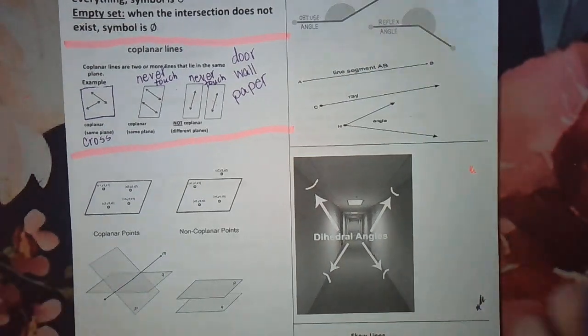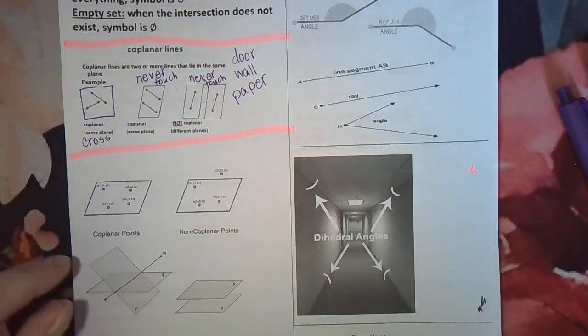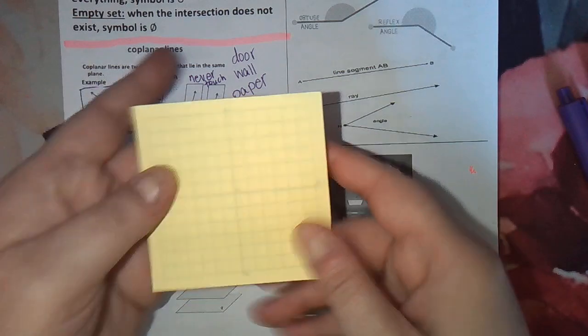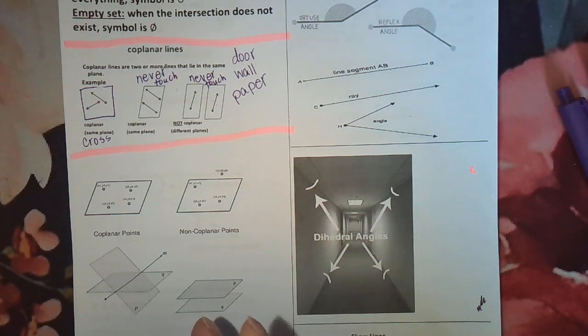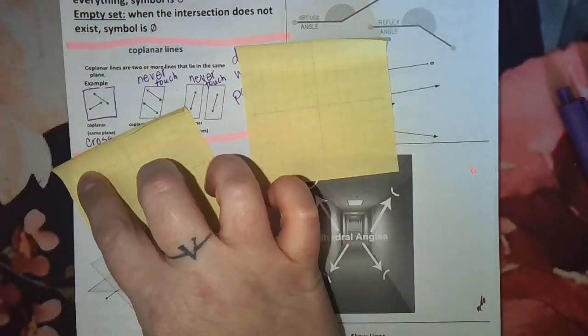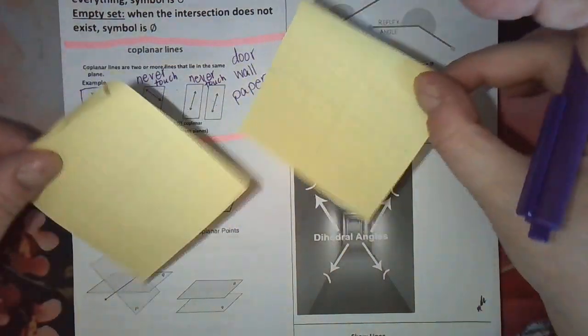So coplanar means it's on the same plane, and a plane could be a piece of paper. This is a plane. And I could have another plane right beside it. Those are two different planes.